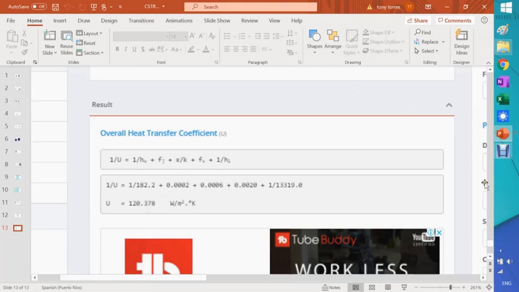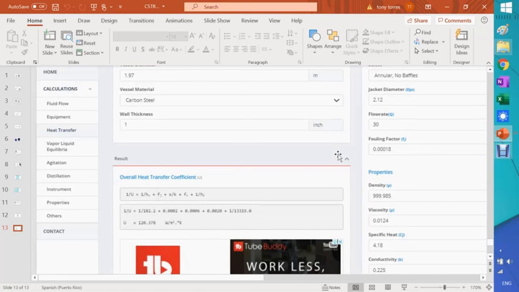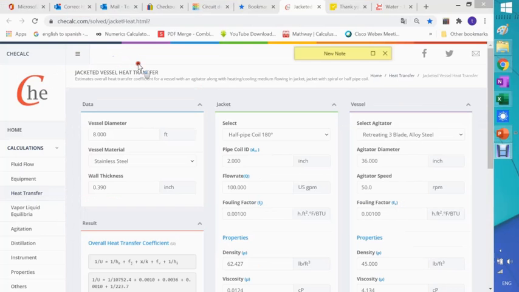How to handle this web page? Let me do that in a second. So here we are in this web page from the chemical engineering calculation, and this one is kind of neat because it summarizes how you calculate the overall heat transfer coefficient.